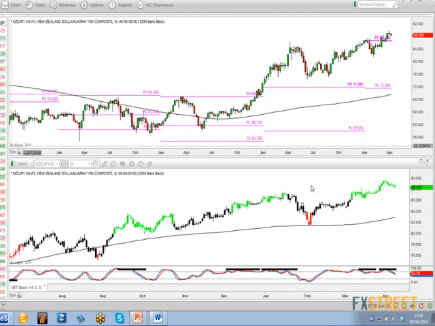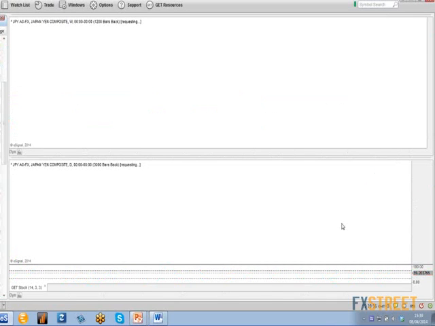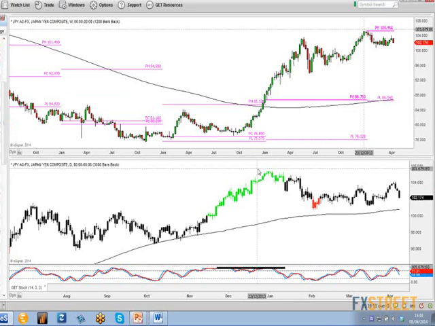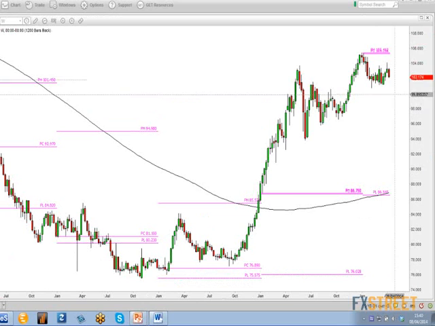Which round numbers for JPY pairs? Okay, let's have a look at the US dollar Japanese yen. If I open up the weekly, you can see that 100 is now acting as an area of support. The next round number is 110. Below that is 90 and then 80. So each currency pair comes with its own round numbers.